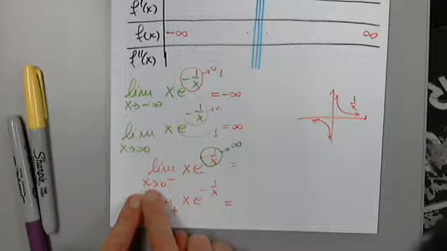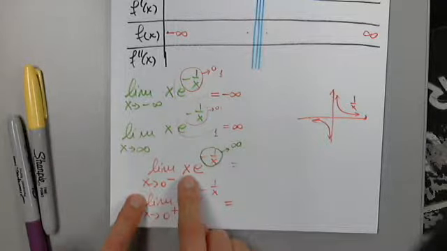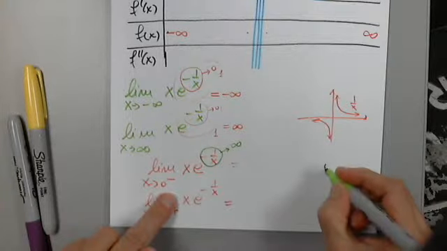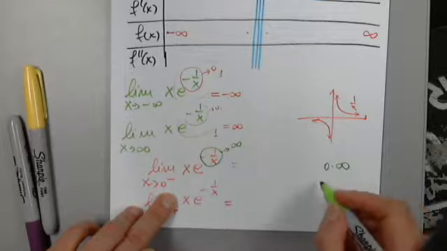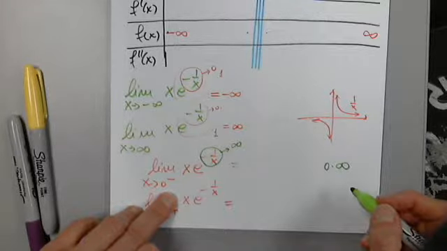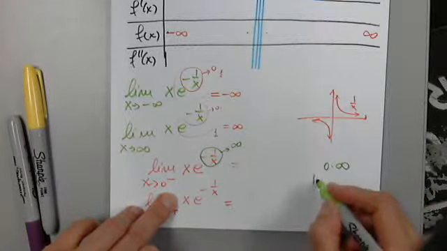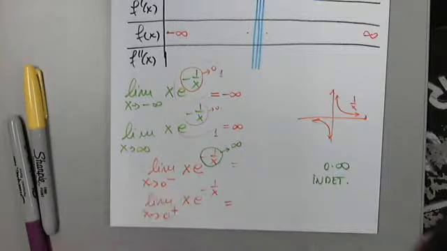So as x approaches 0 from the left, this will be 0 times infinity. We cannot conclude. This is one of the 7 indeterminate cases. Indeterminate. So I have to do something about it.